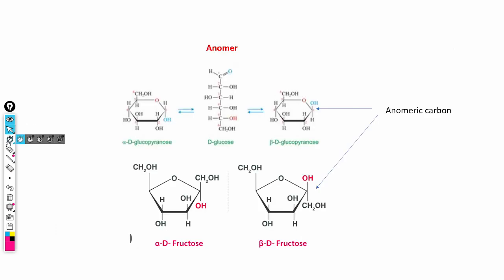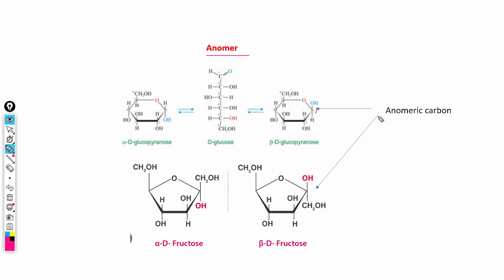Now comes the anomer. Anomer means there is an anomeric carbon. The anomeric carbon is always at the first or the second carbon. Let's say maltose is a disaccharide formed by two glucose molecules. One glucose is joined to another at the C1 place.